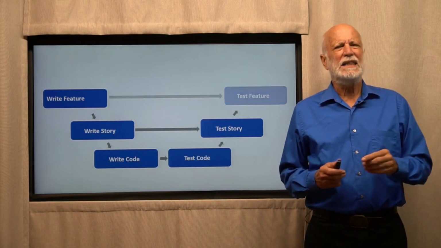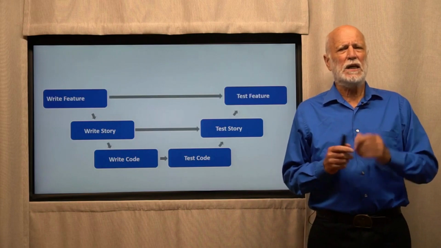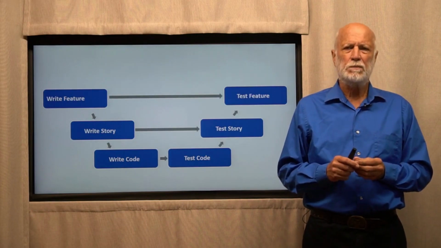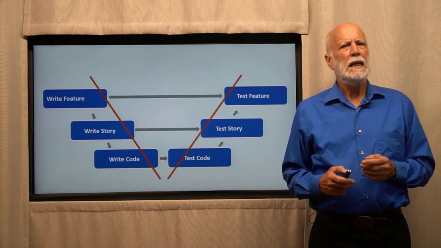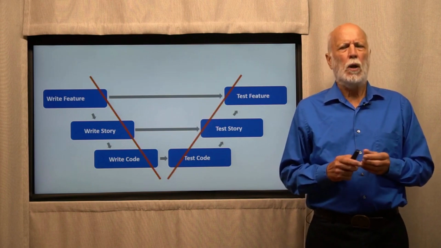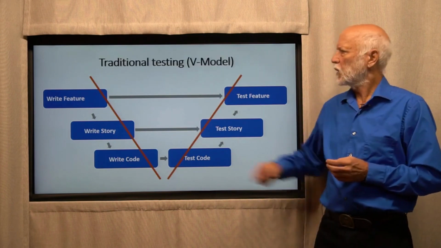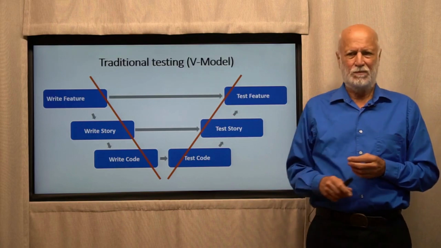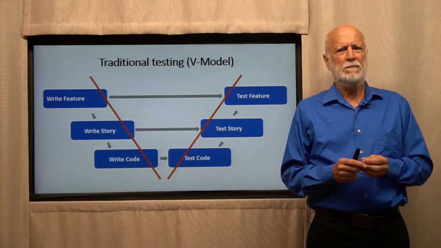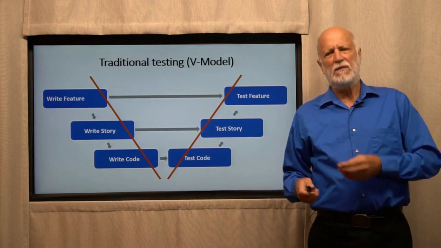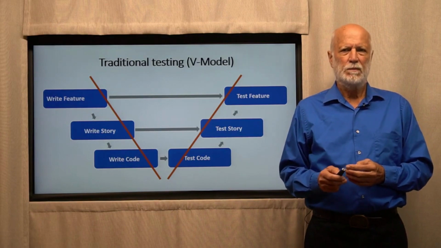And finally, it's like, well, we've got a feature done, let's figure out how to test the feature. And this is what we call the old-fashioned traditional testing V model. We write stuff and then we figure out how to test it.